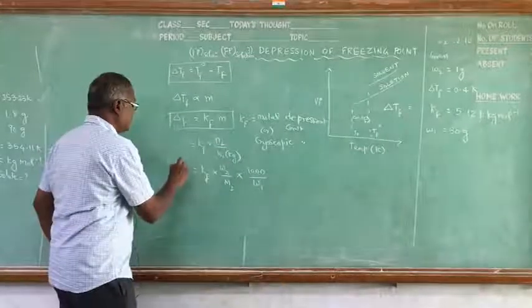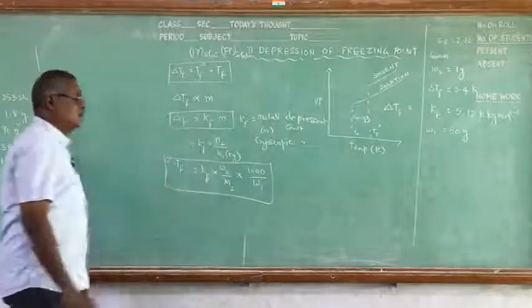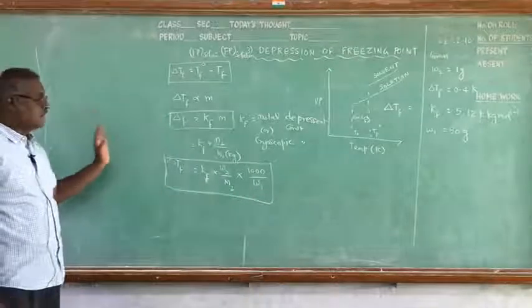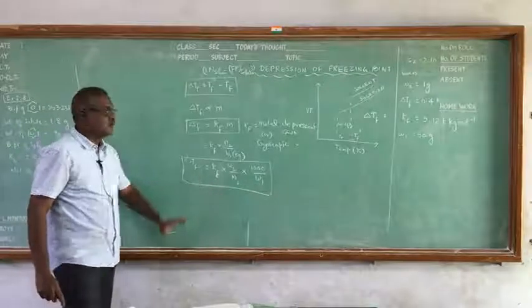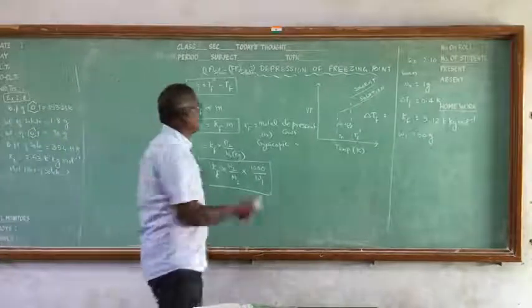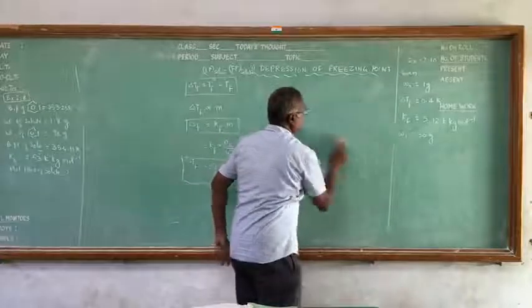This is delta TF. This expression is also very important. Like we derived for delta TB, we derived for delta TF also, and based on this there is a problem.